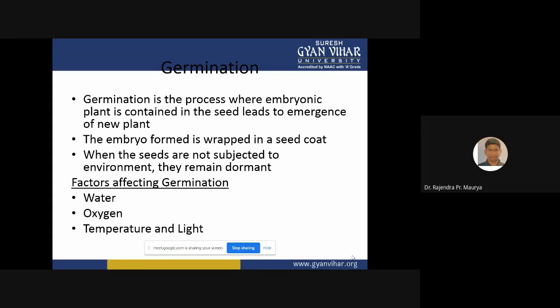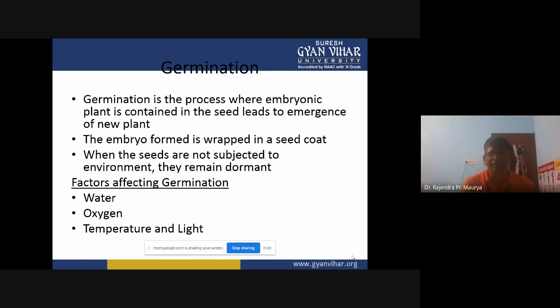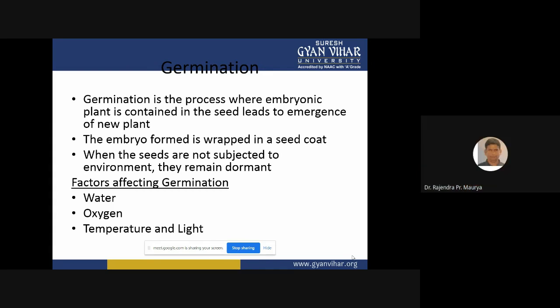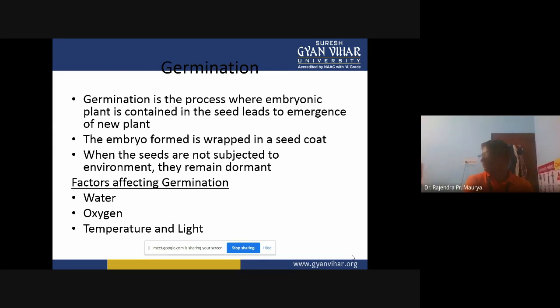Sometimes seeds are of good quality, and when we sow them in well prepared growing media, they do not germinate, because the seed is not in the proper stage for germination. So we can say that the seed is under dormant conditions. A dormant seed never germinates.